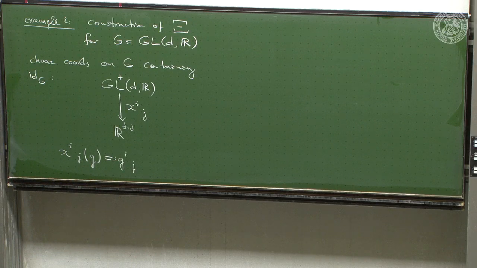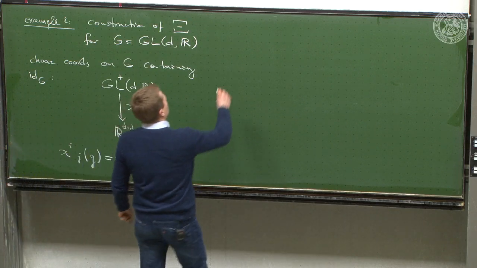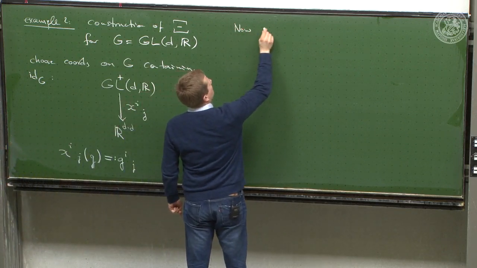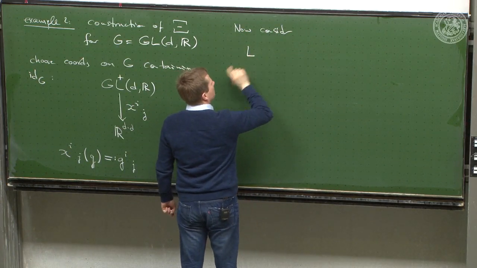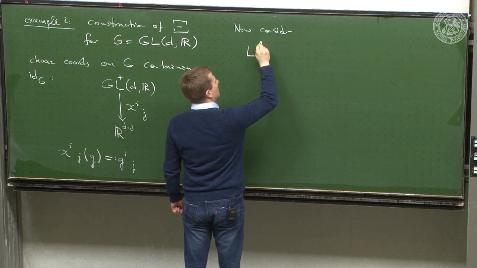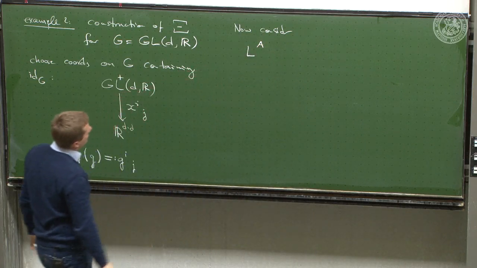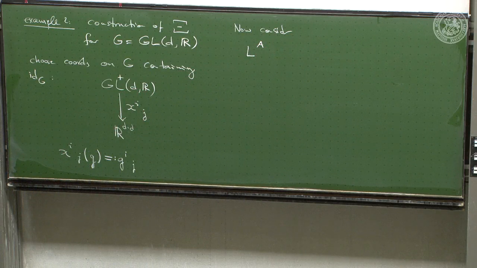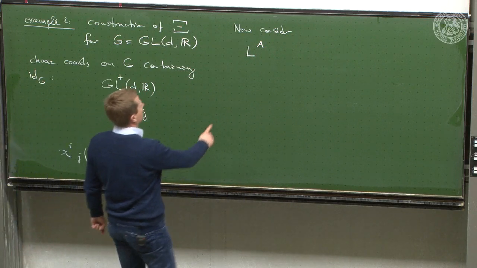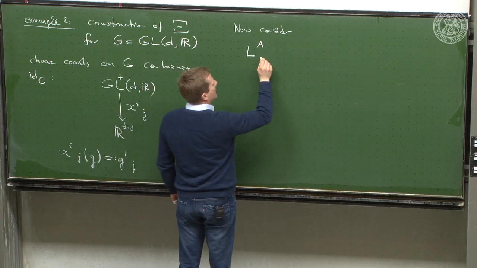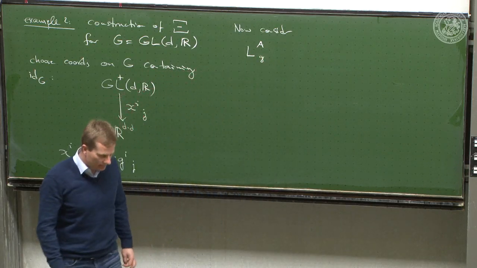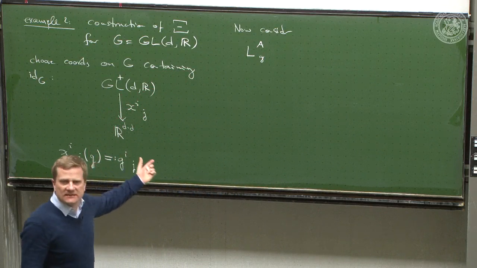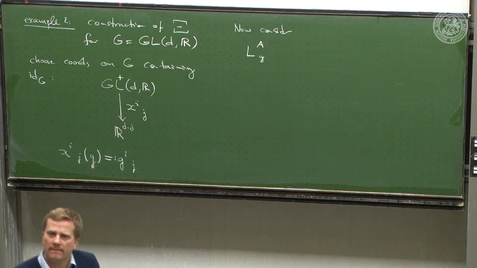Now consider a left invariant vector field, namely the left invariant vector field L_A that is generated by a Lie algebra element A. This A is from the Lie algebra, and we look at this field at the point g. We know that it exists because it's a Lie group.